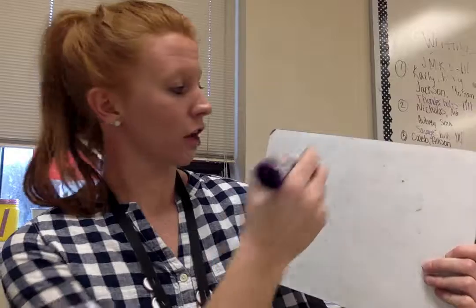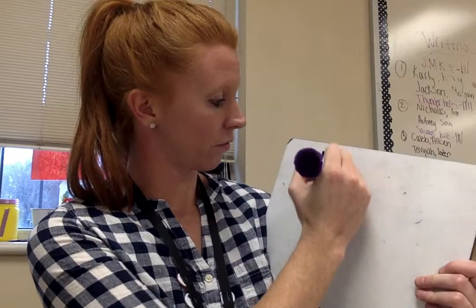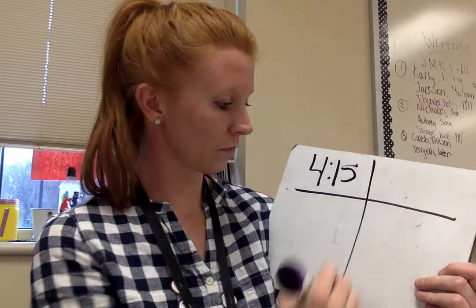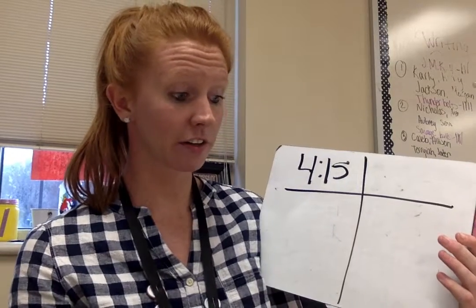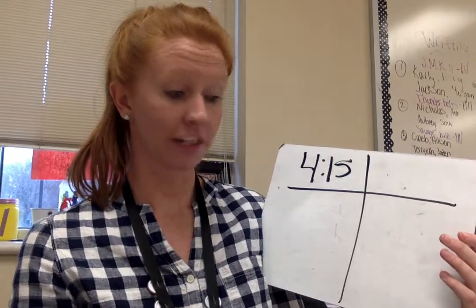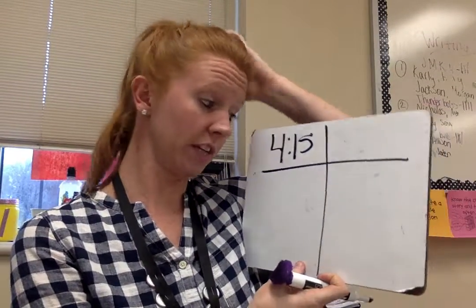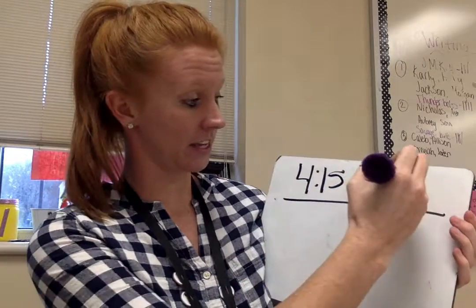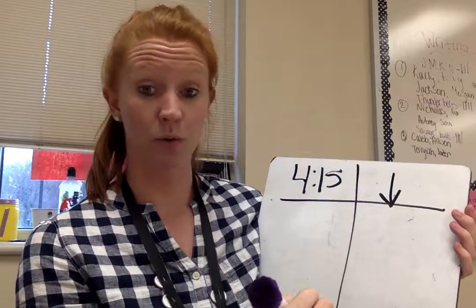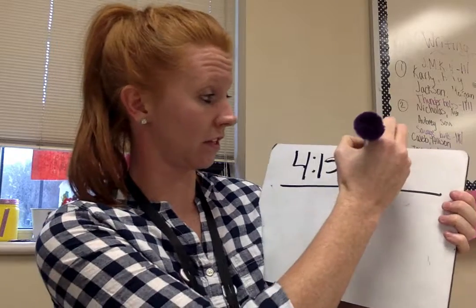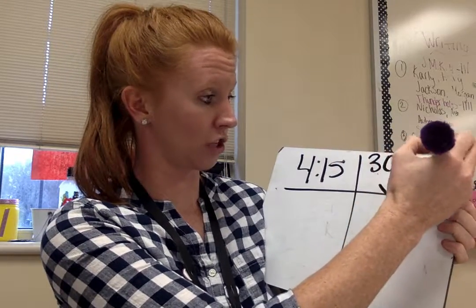All right, a baseball game started at 4:15. 30 minutes later, Henry hit a home run. So at 4:15, I need this side to equal 30 minutes. I'm going to do my jumps.